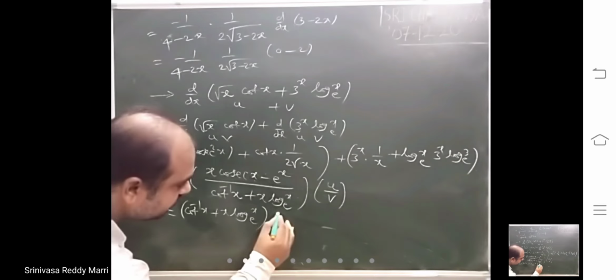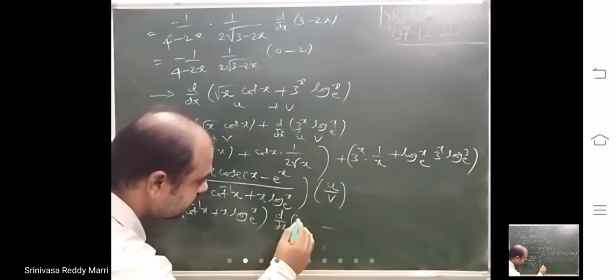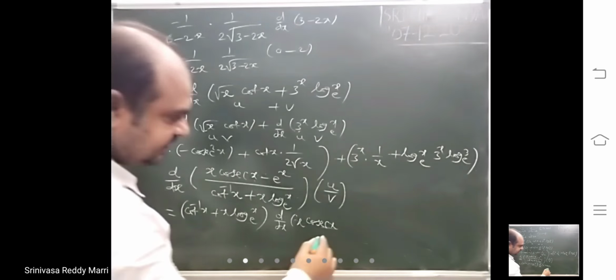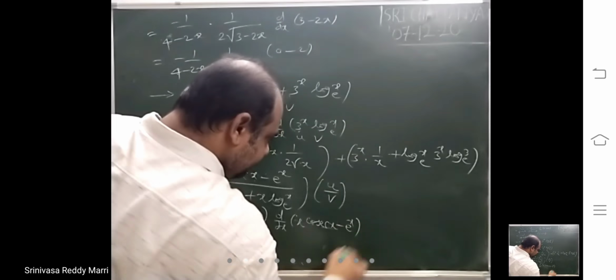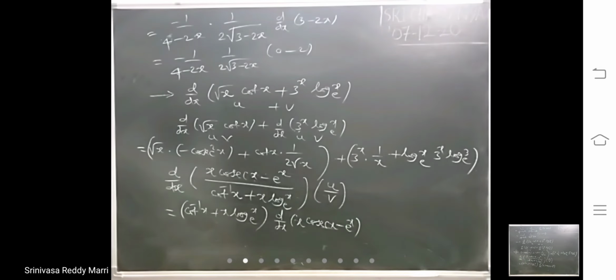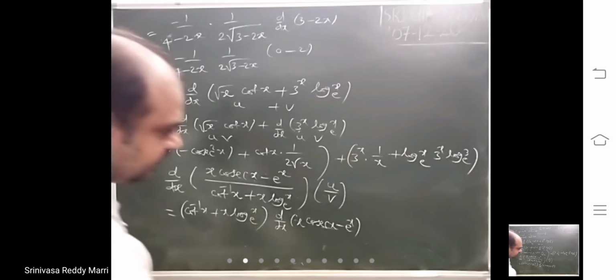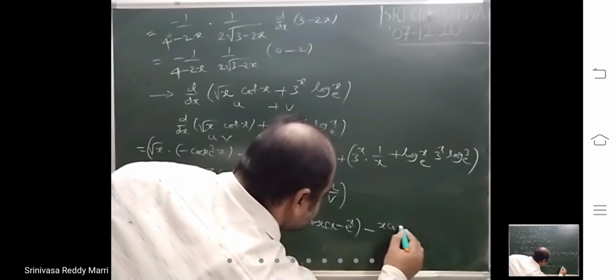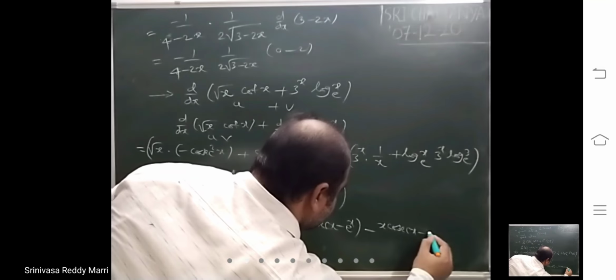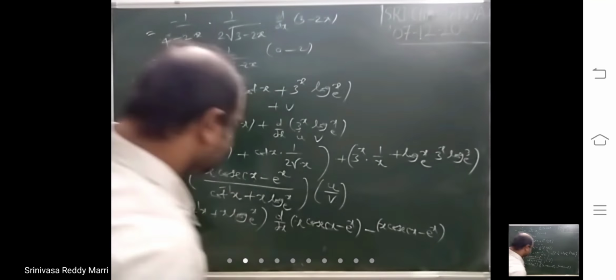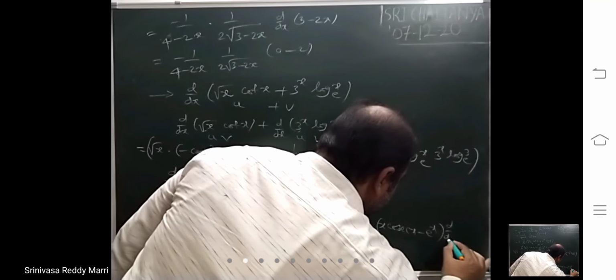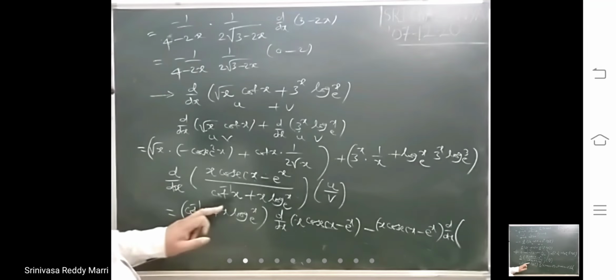V into the derivative of x cosecant x minus e power x. V into the derivative of u minus u into the derivative of v, d by dx of this one.